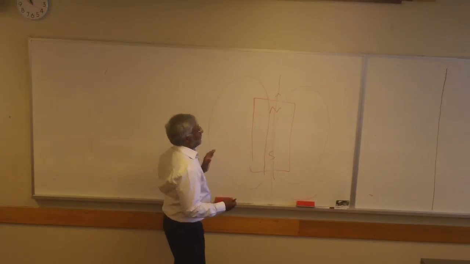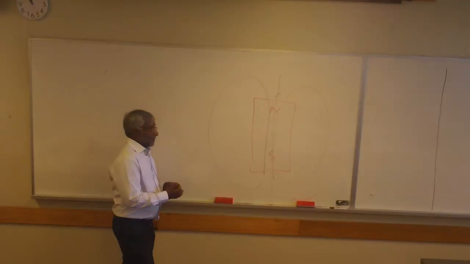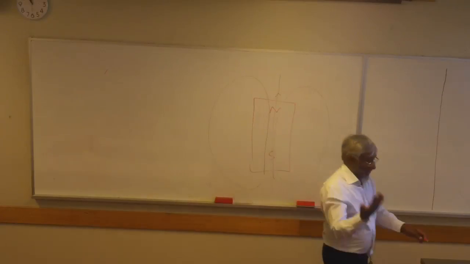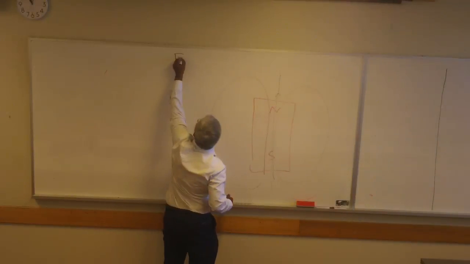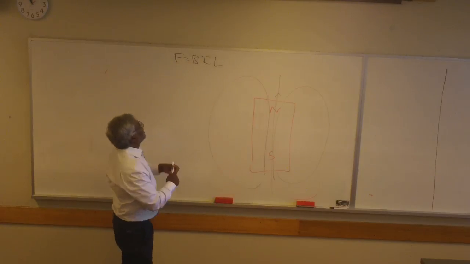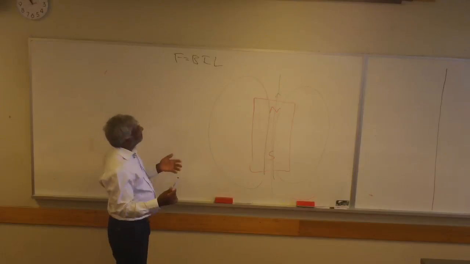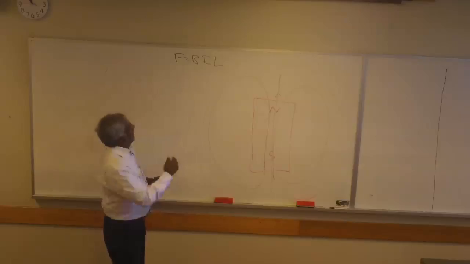But the one that I prefer, because I can actually think of experiments that I can do and measure things, is F equal to BIL. I like that one. And it so happens that you use that in relays, in electromechanical relays that we don't probably make anymore, but we use that.